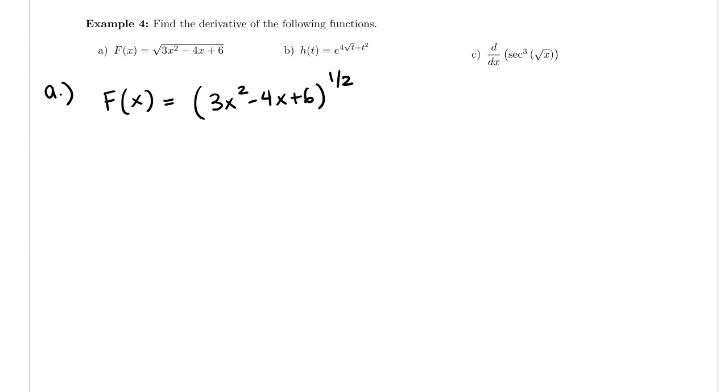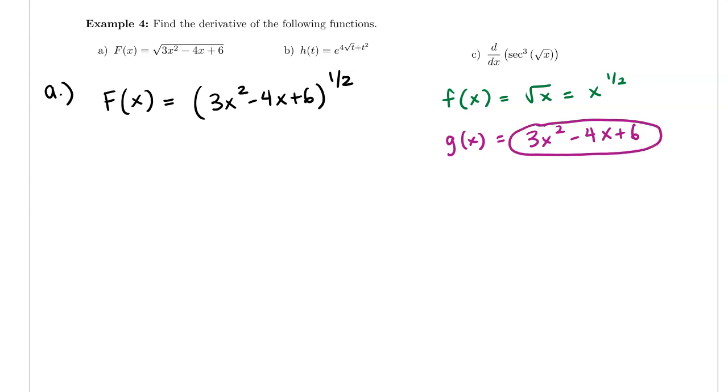And then if I wanted to identify the outer function, we'd have f of x, my outer function, that's the square root of x, or x to the 1/2 power. And then the thing that we're plugging into that, g of x, is equal to 3x squared minus 4x plus 6. So this is what we are plugging into our x value in our f function.